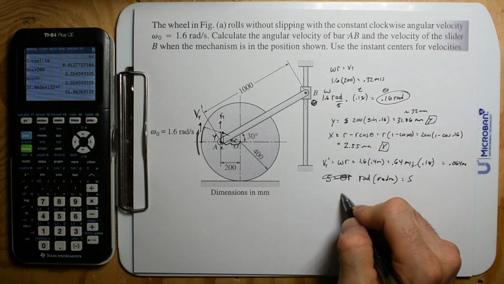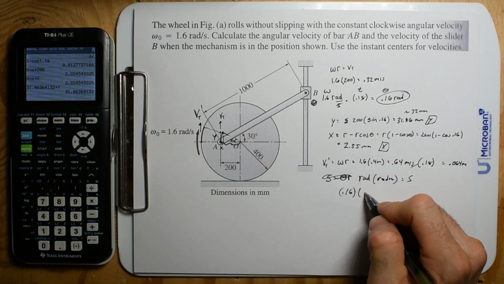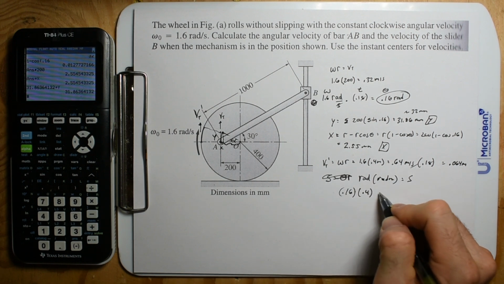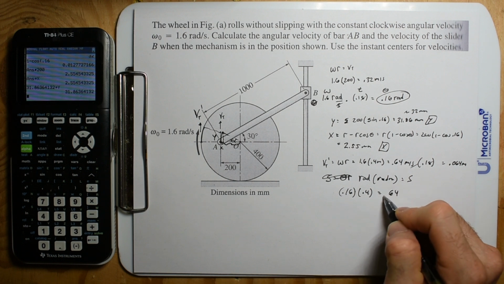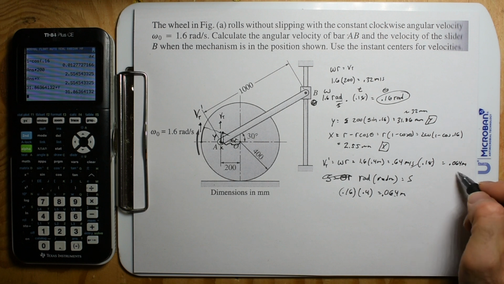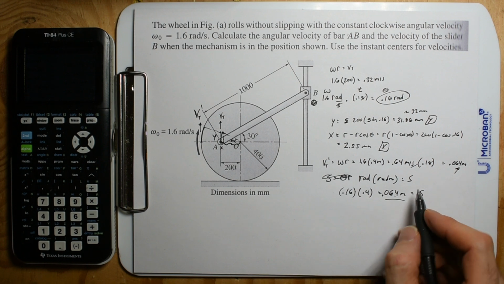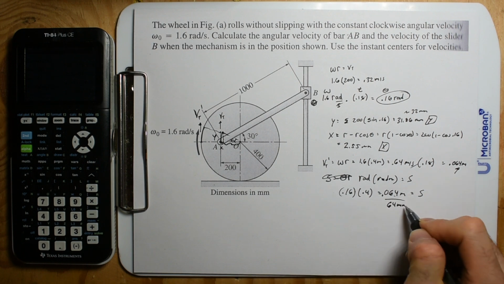There you go. So we got 0.16 radians times radius of 0.4. This is going to give us 0.064. Cool. So 0.064 meters. Yes, so this was the arc length. And this is 64 millimeters.